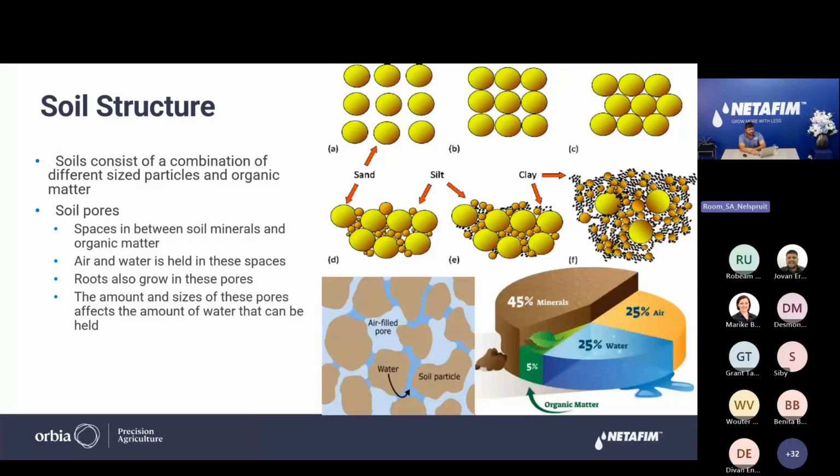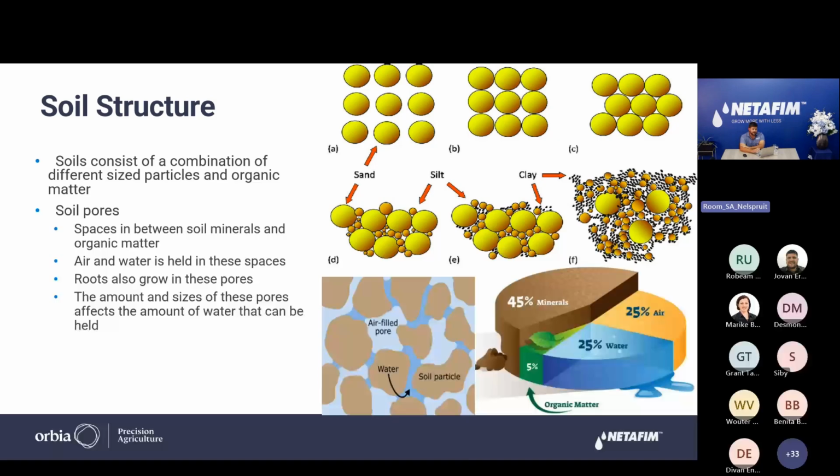Soil structure. So soils consist of a combination of different size particles and also organic matter. The whole idea of soil structure is how my texture and my organic matter are put together to form my specific soil structure. As you can see on that picture, it's a complex system.